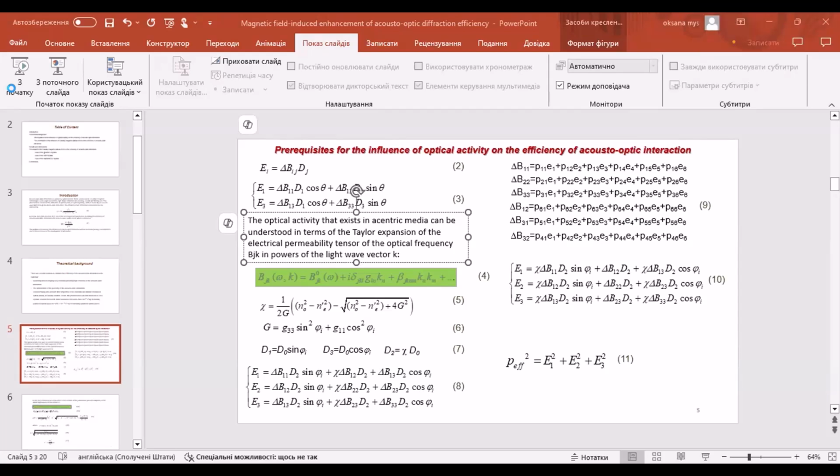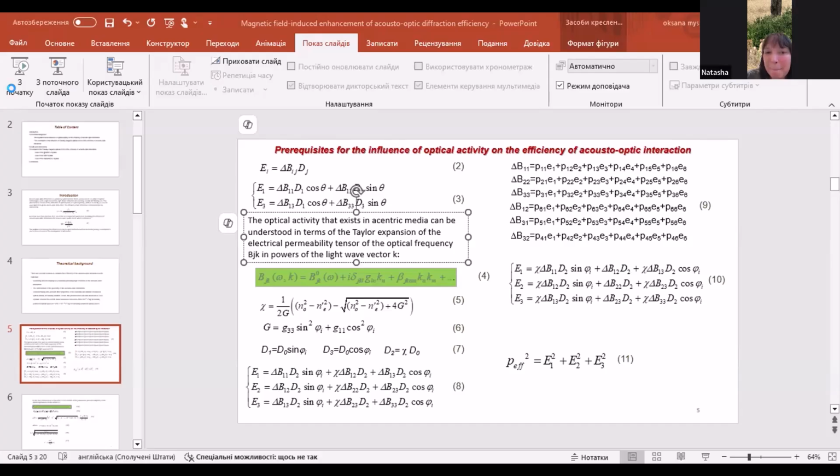I will change. Can you see the change of the slide? No. We see the fifth slide.